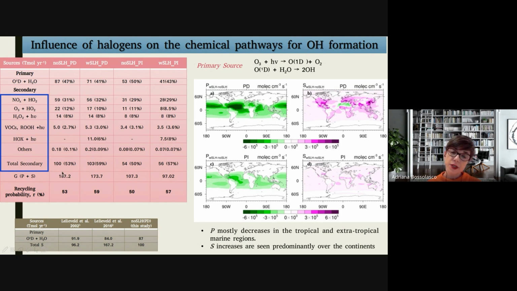And there is an increase in the total secondary OH production, attributed principally to this new pathway for OH formation.